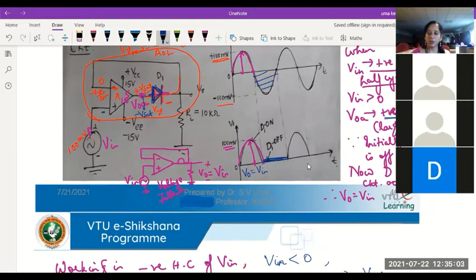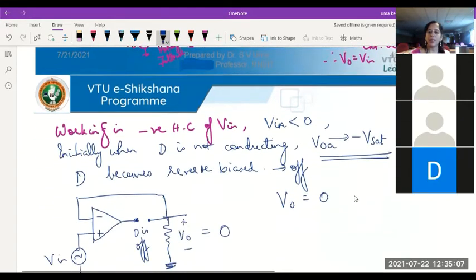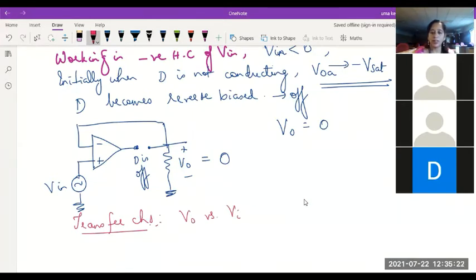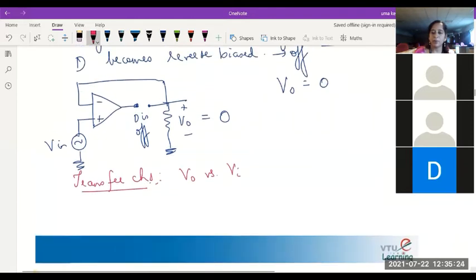Now, if I try to draw the transfer characteristics for this, what do you mean by transfer characteristics? Transfer characteristic is a plot of what? Output versus input.